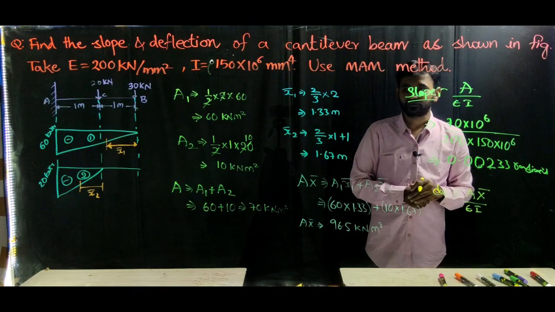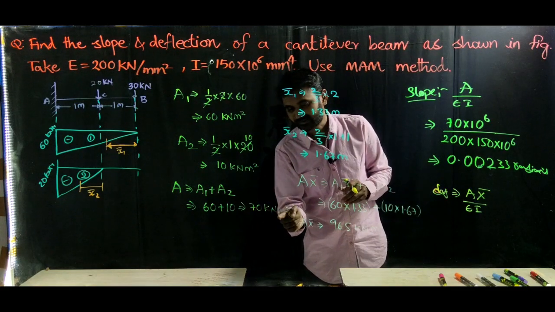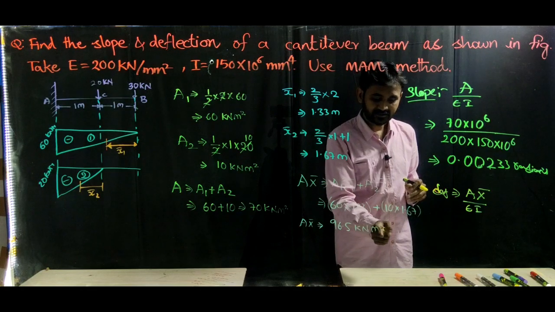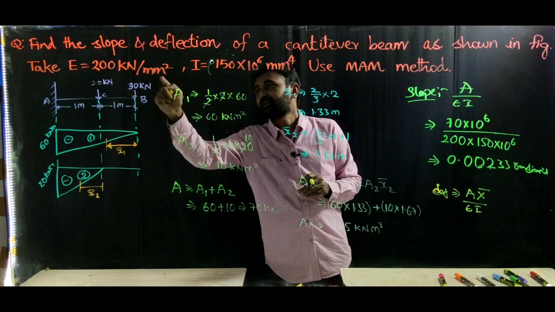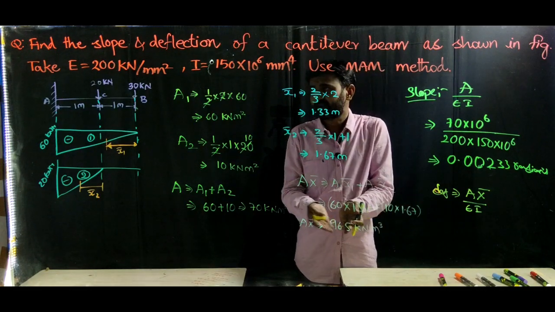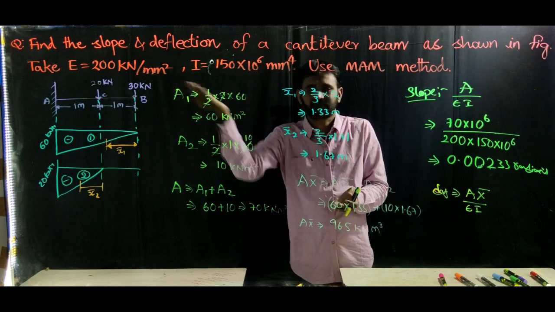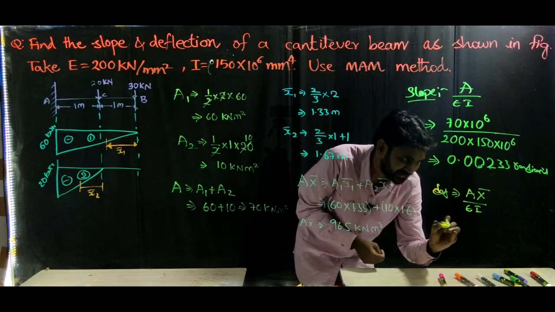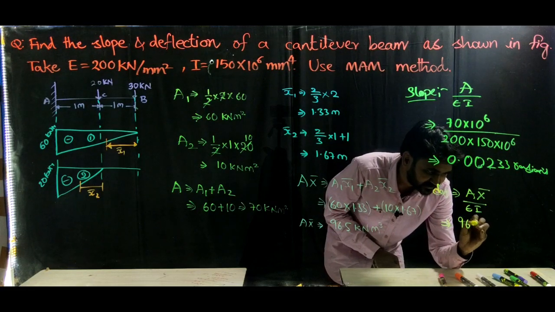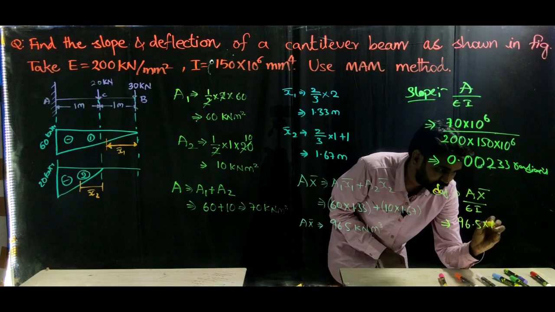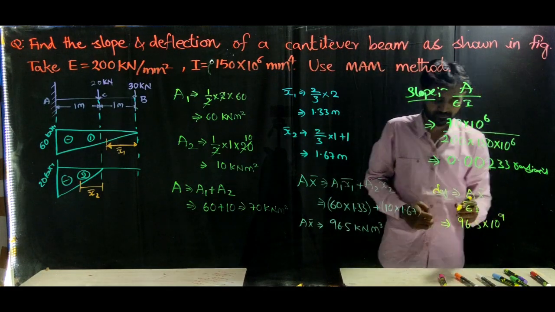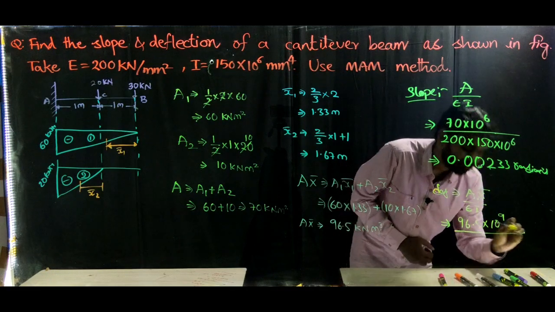As before, we converted kilonewton meter square into kilonewton mm square, and here also I have to convert into mm because our units are in kilonewton per mm square and mm. Or else you can convert that into meters, whatever you do. So my Ax bar will be 96.5 into 10 to the power of 9, divided by EI.